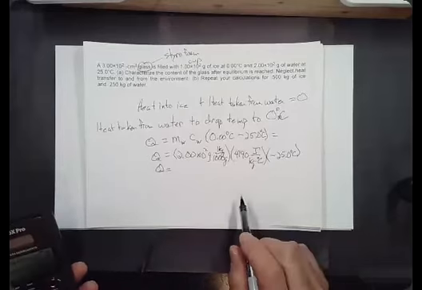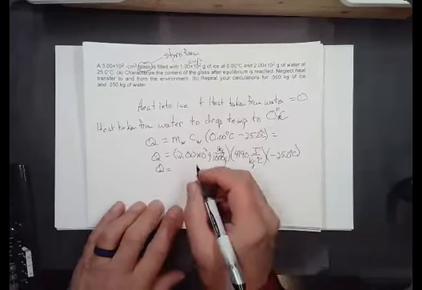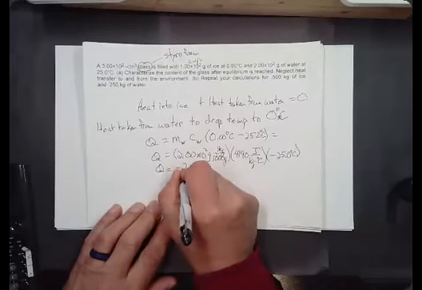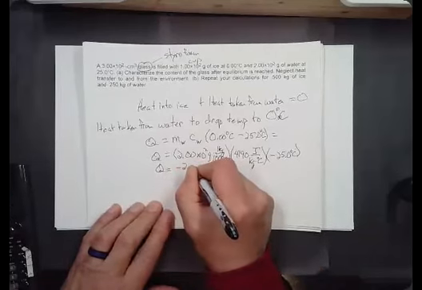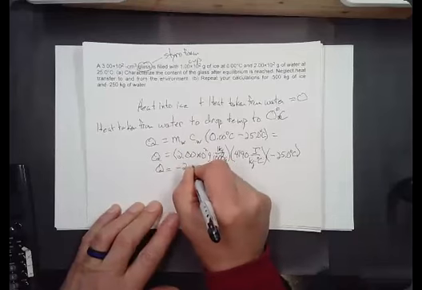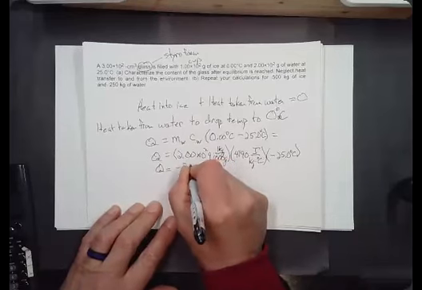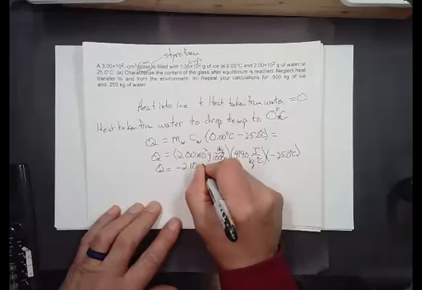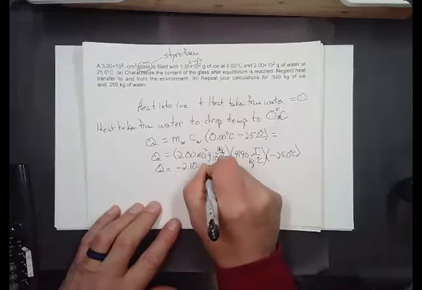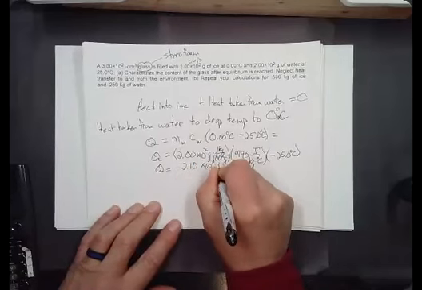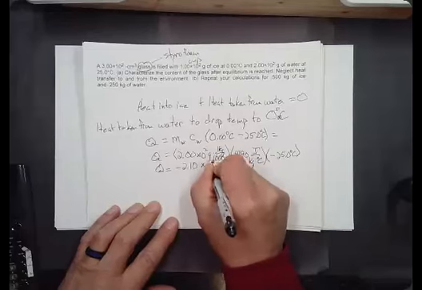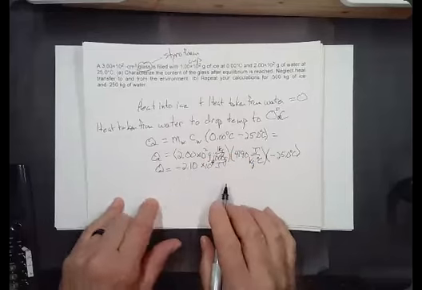And I'll be able to keep 3 significant figures on this. It's minus 2. Let's see. It's either 0.9 or 1.0. I'll give it a 1.0 times 10 to the 4th joules. And I know that's a small exponent, but that's how much.